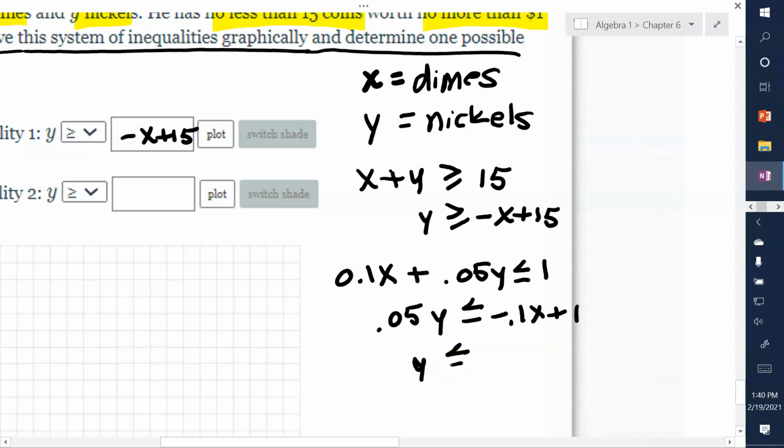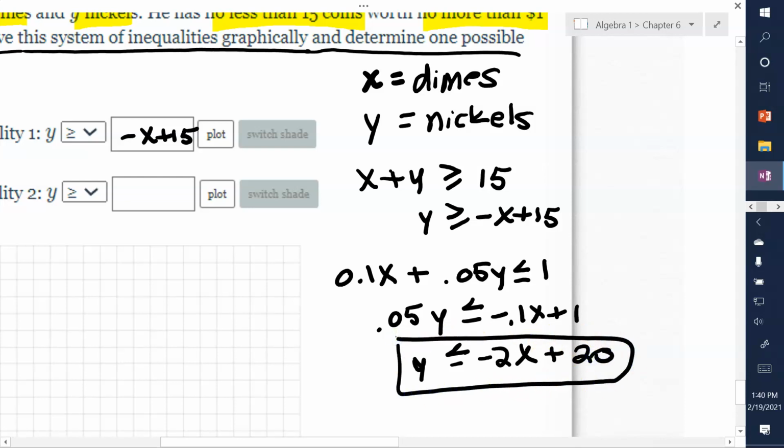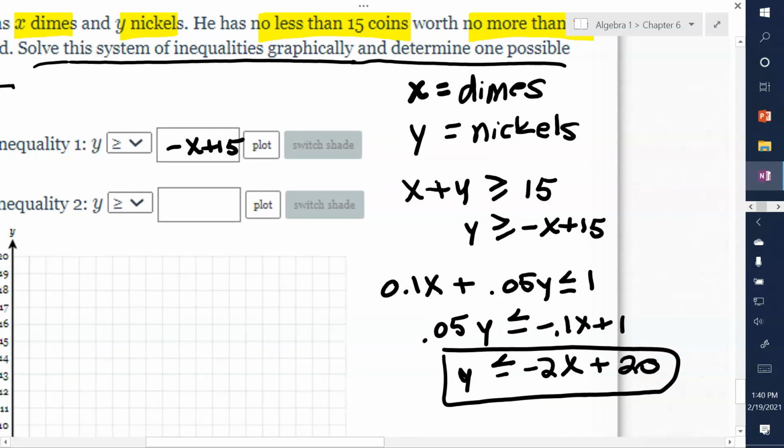Take 0.1 and divide it by 0.05, I get 2. Negative 2x plus, now I'm going to do 1 divided by 0.05, and I get 20. So this is going to be my second inequality. This is going to be a less than or equal to negative 2x plus 20.